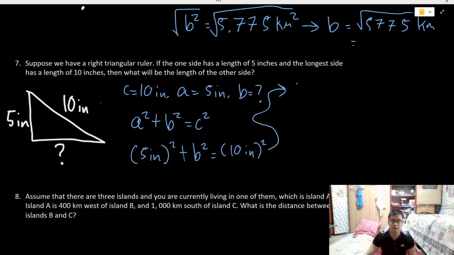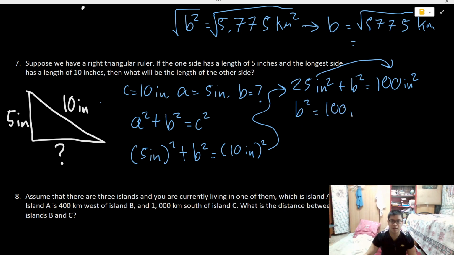So this would be 25 inches squared plus B squared is equal to 100 inches squared. Transpose 25 inches squared to the right so we can find our B. So B squared is equal to 100 inches squared minus 25 inches squared. So this is actually 75 inches squared.